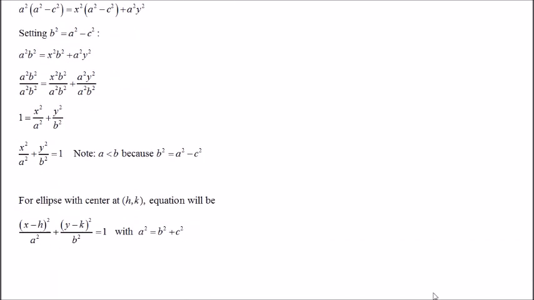But let's say that the center is at some point h, k, then the equation becomes x minus h squared over a squared, plus y minus k squared over b squared is equal to 1. So this is what we were looking for. So the equation of the ellipse with the center at 0, 0 is x squared over a squared plus y squared over b squared equal to 1.